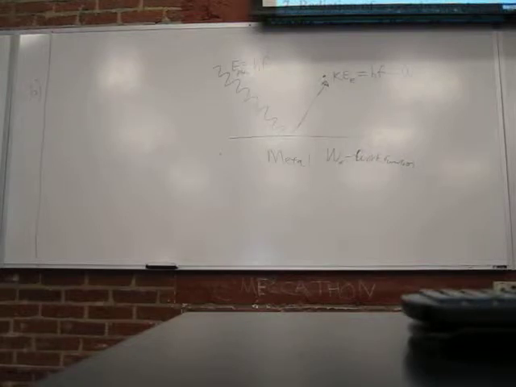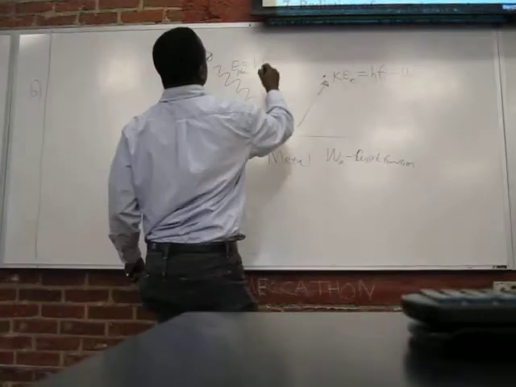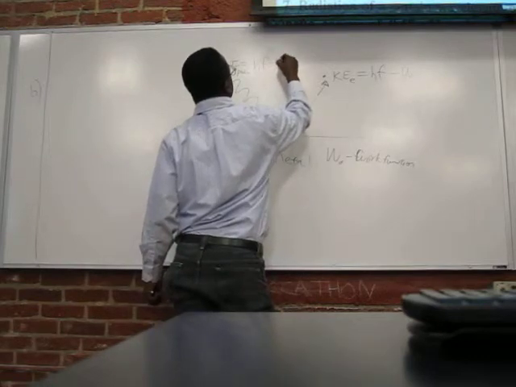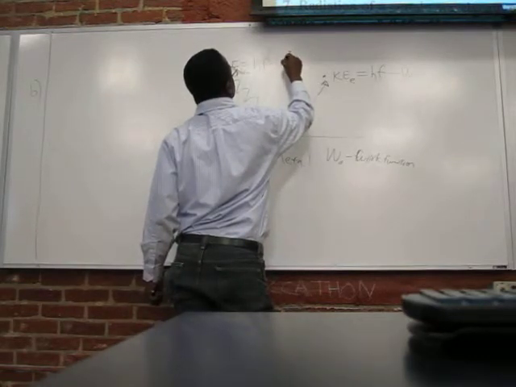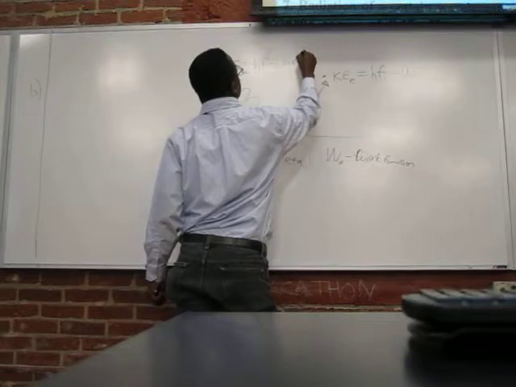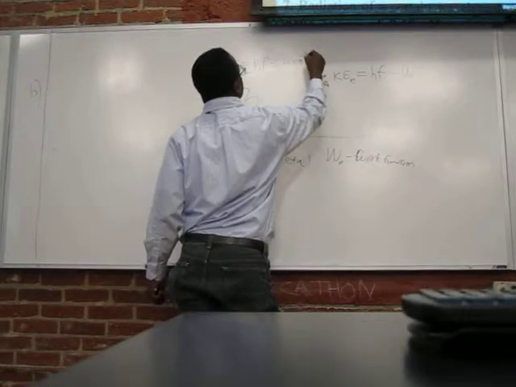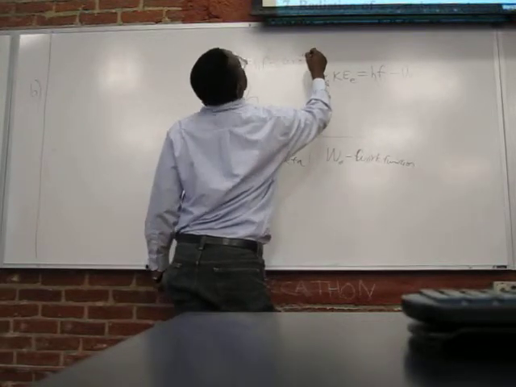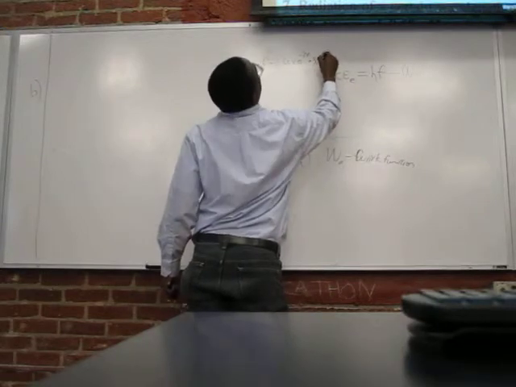We have ultraviolet light with that frequency hitting a metal surface. So they're giving us the frequency here, which is pretty straightforward. So this is Planck's constant, 6.63 times 10 to the negative 34 joule seconds, times the frequency of this light.